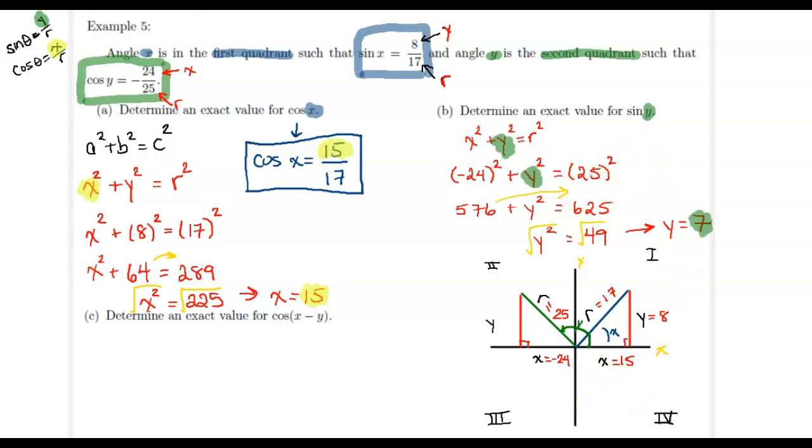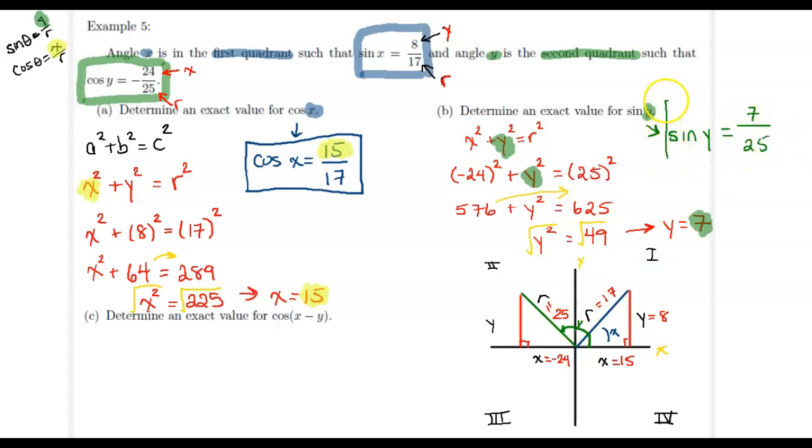So let's finish up by writing the exact value for sine of y. That means sine of y is equal to my y component, which I just got, which was 7, divided by my value of r, which is 25.